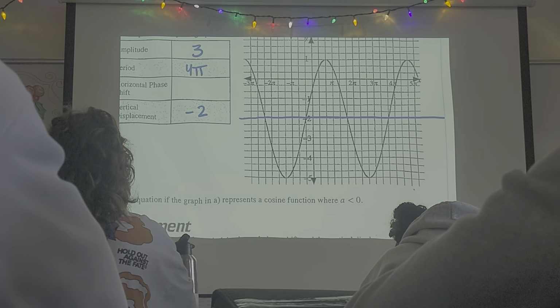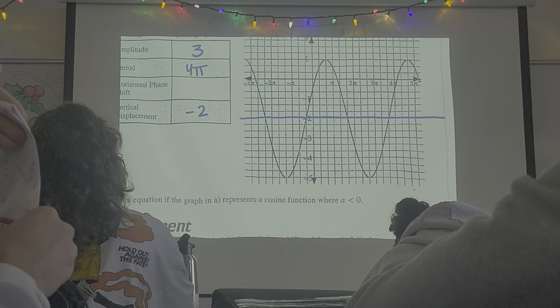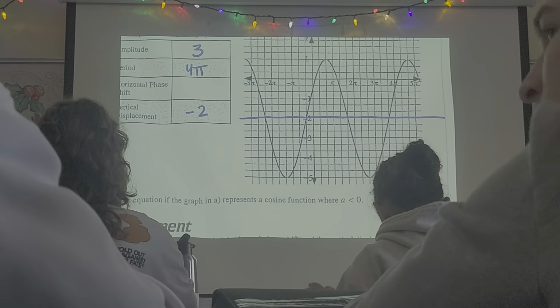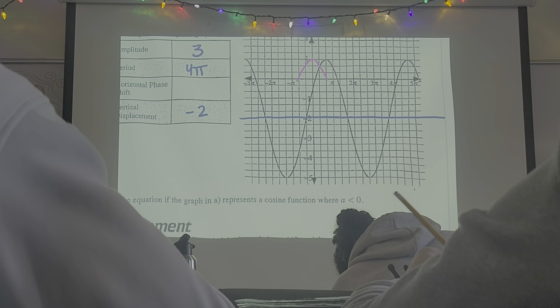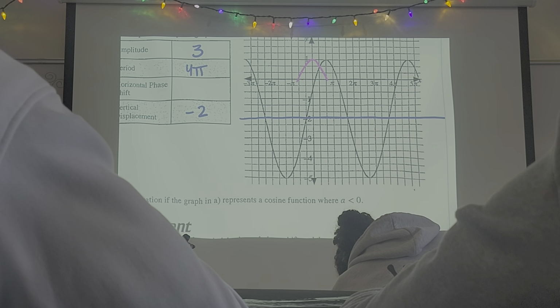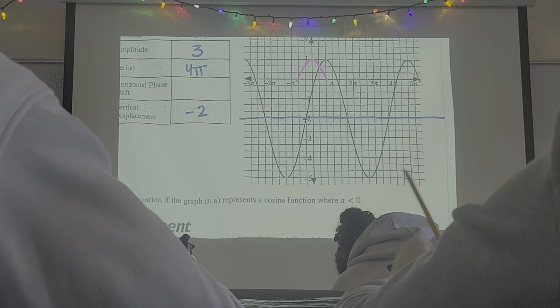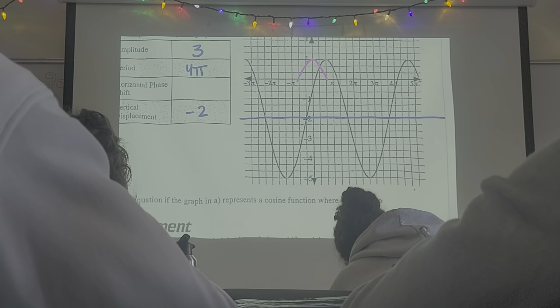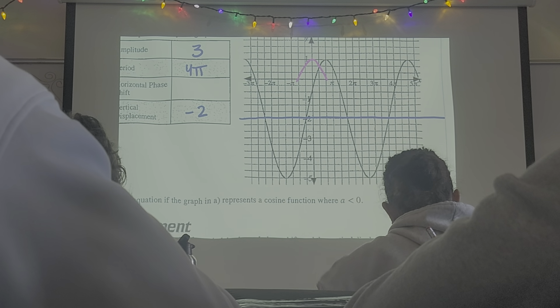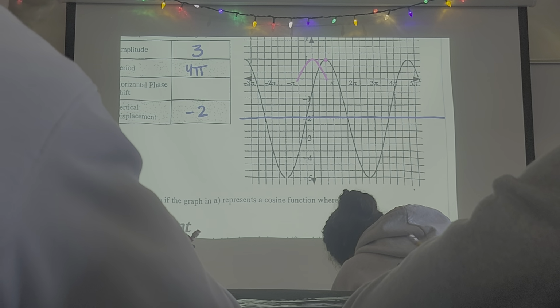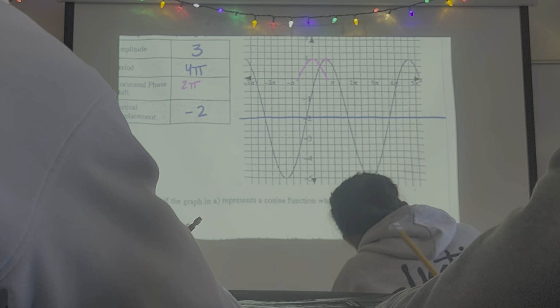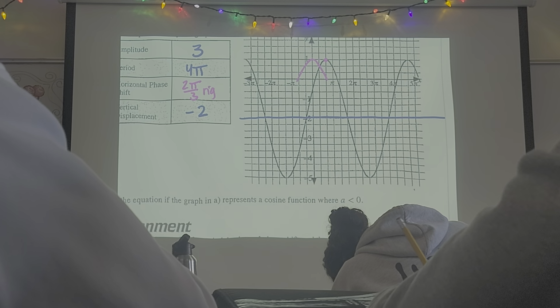So cosine doesn't start at the origin, it starts at the top of the graph. So in this case, it'll start up here. How much has it moved? 2 of them. 1, 2. So it's moved 2 pi over 3, right?